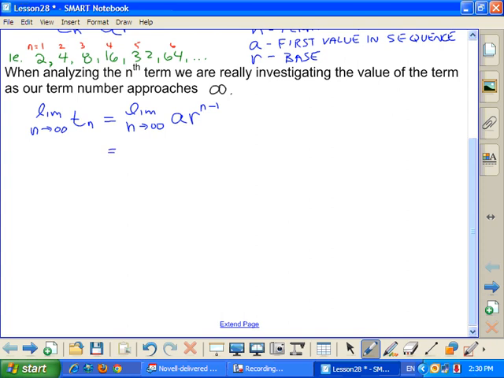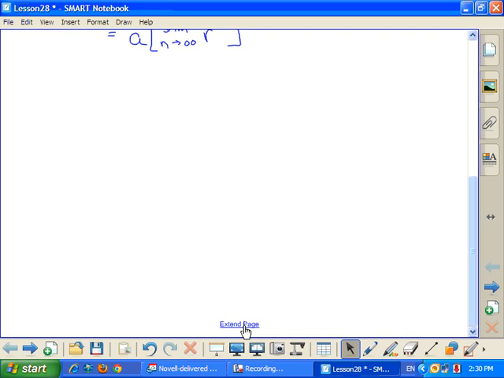Now if we go back to our properties of limits, a is a constant here, it's not going to change, so we're just going to put it out front. So we're really looking at the limit as n approaches infinity for r to the exponent n minus 1. Well, there's two cases here. For those that remember the geometric sequence or series, there's two outcomes that we need to analyze.